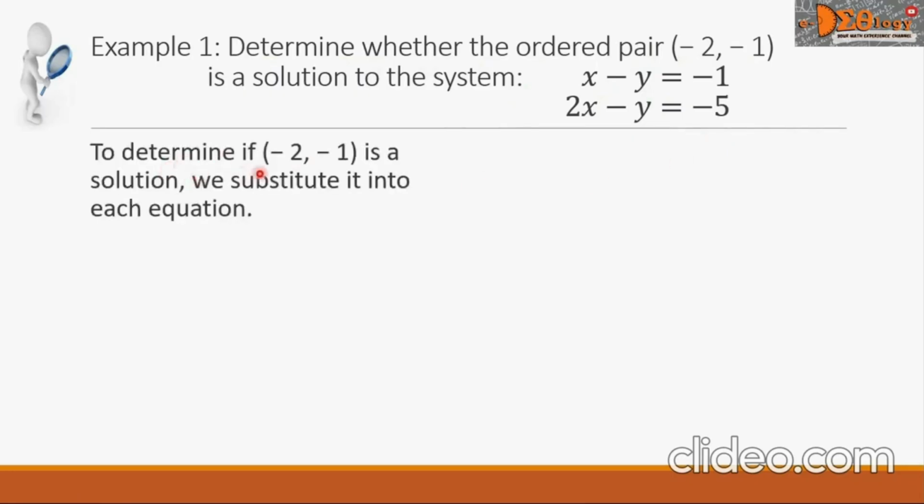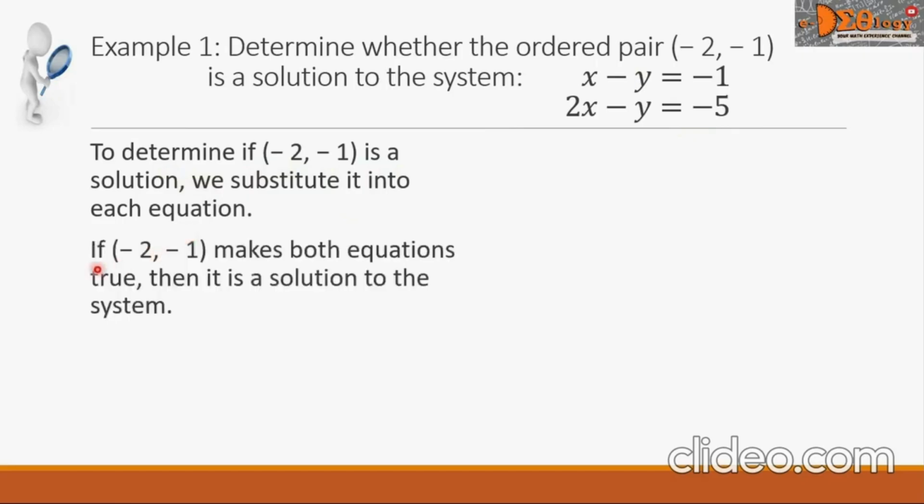To determine if the ordered pair (-2, -1) is a solution, we substitute it into each equation. If the ordered pair makes both equations true, then it is a solution to the system.